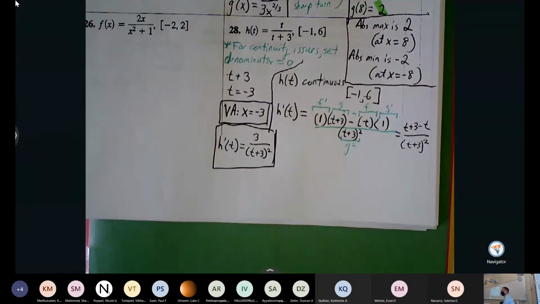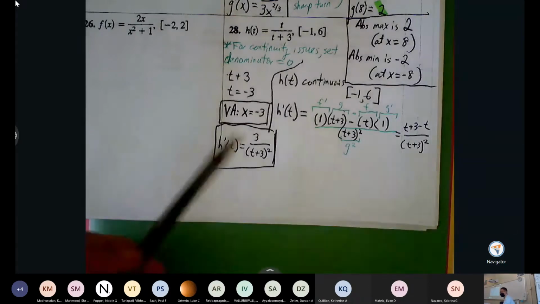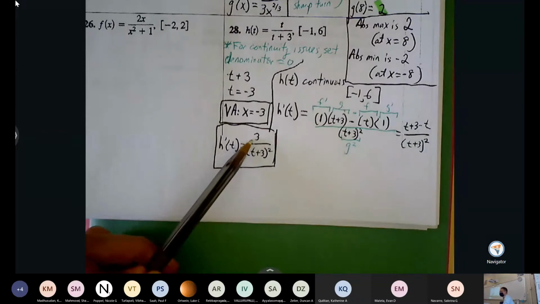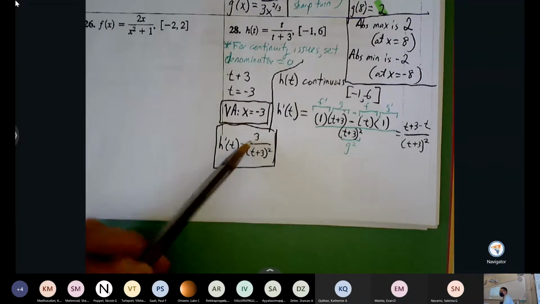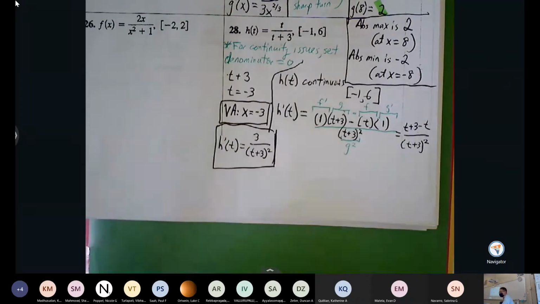How do we proceed from here? Look for what? Critical points, okay. So critical points, we got to look for in the numerator, look in the denominator. So anything from the numerator? No variable, right? So we looked, we didn't find anything, okay.